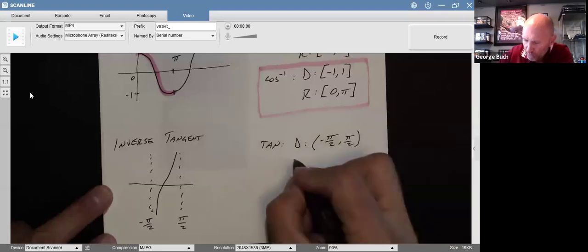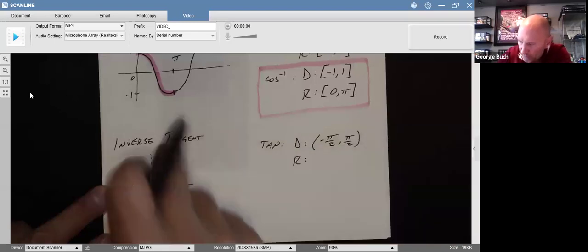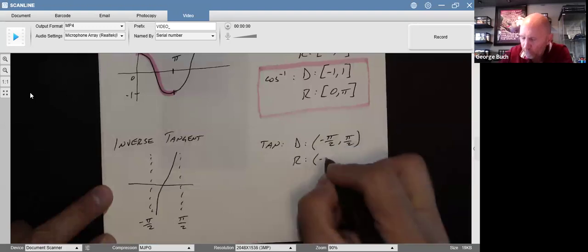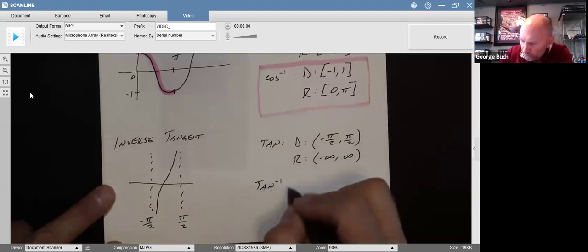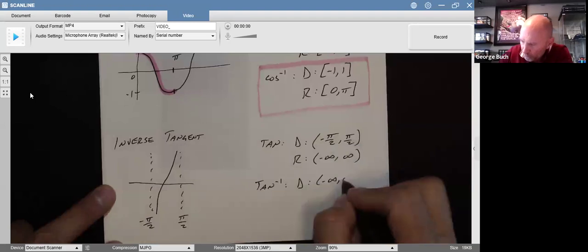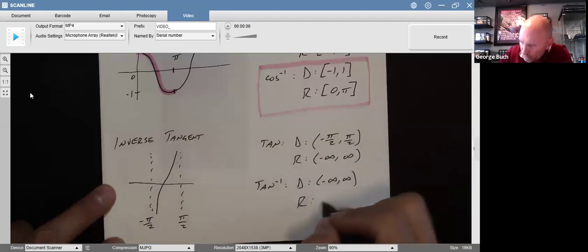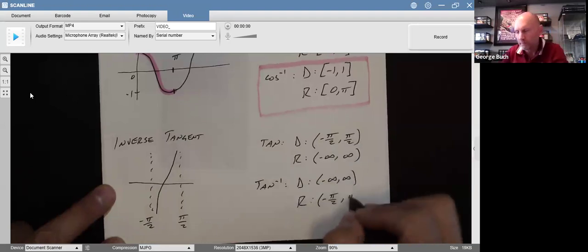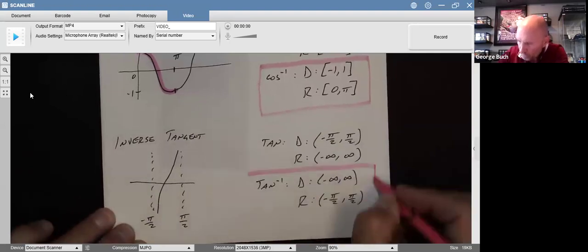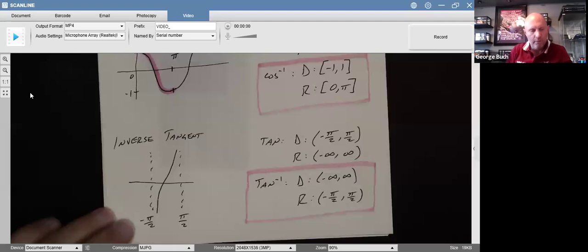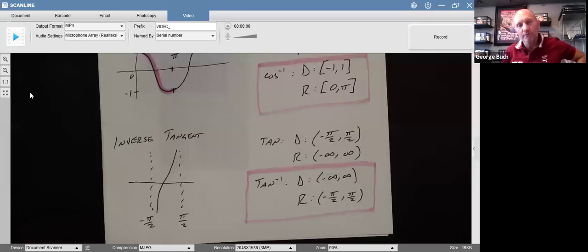And the range is what? -infinity to +infinity, all real numbers. Therefore, for tangent inverse, the domain is all real numbers, but the range is -pi/2 to pi/2 with parentheses. So that's what you need for the exam for tangent inverse.